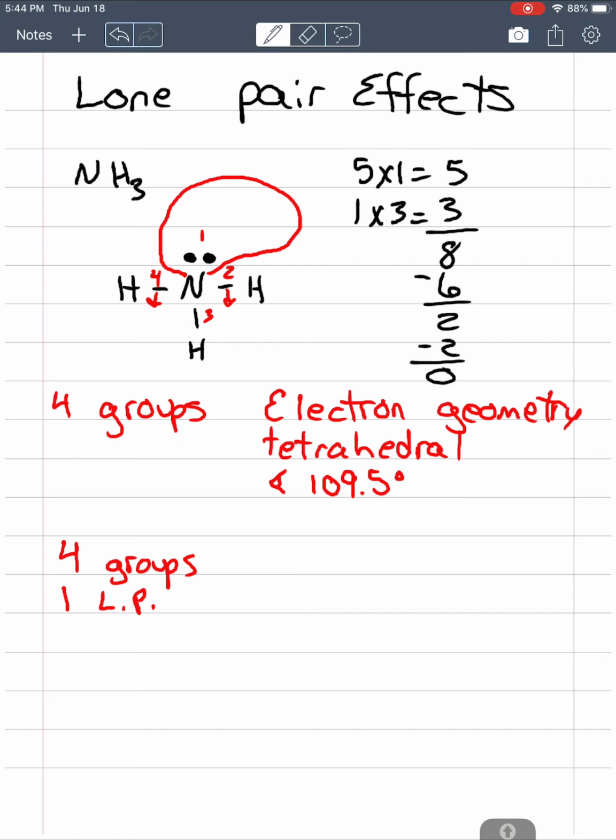That has a particular molecular geometry. And that is trigonal pyramidal in this case.